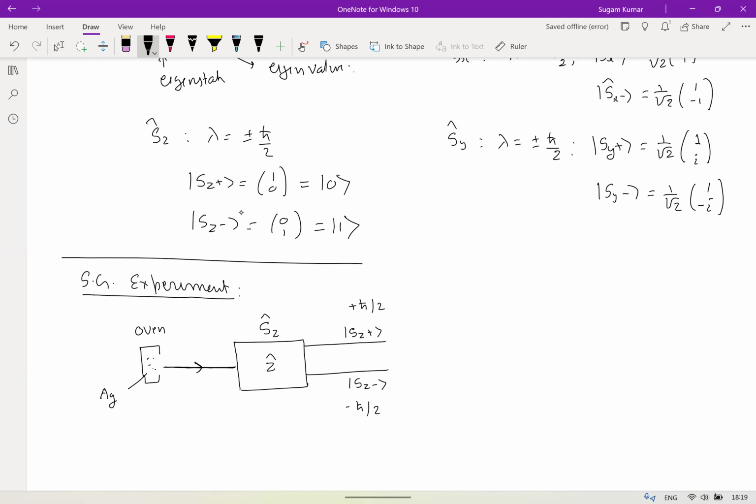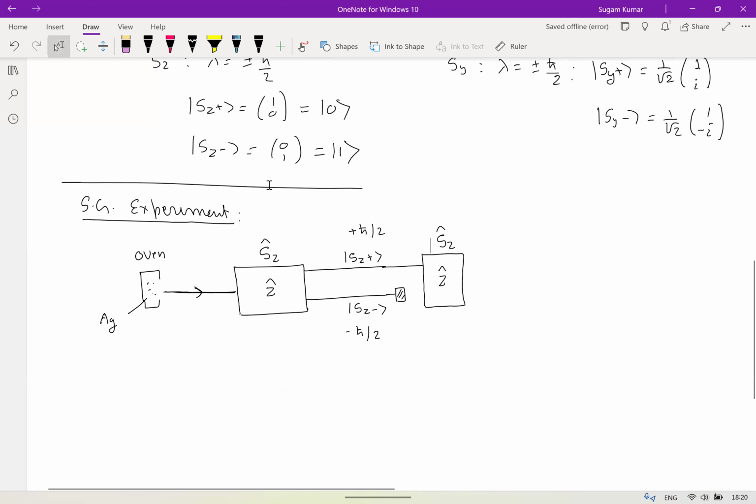Now, let's do one more little extension. What if I pass this to another Stern-Gerlach experiment, which is aligned along the z direction? Again, I'm going to measure the Sz. Here you're going to get only one component, the Sz plus.